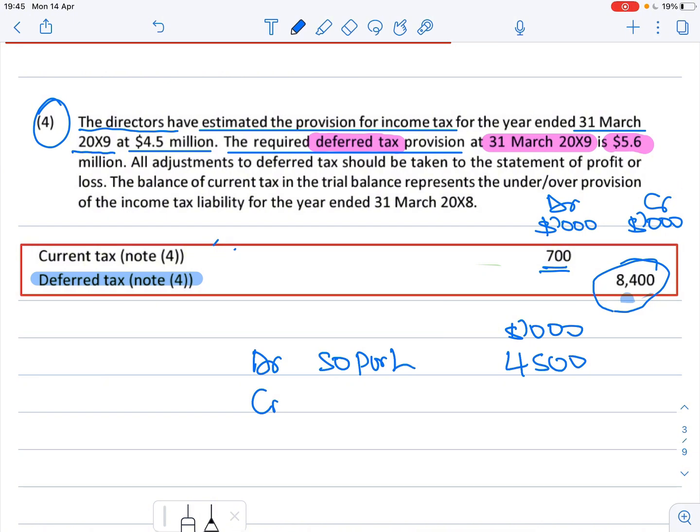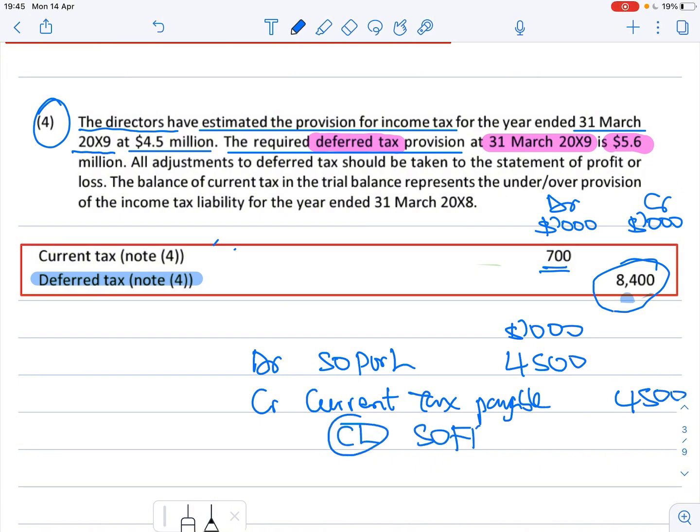So you have to credit your current tax payable 4.5, and this is going to be a current liability in the statement of financial position. Good. So this is going to be the double entry.